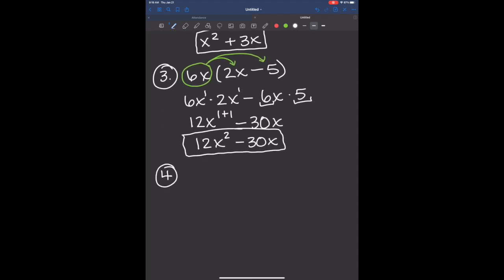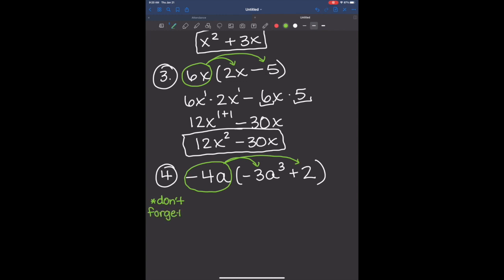Now we have negative 4a, so we're distributing a negative 4a to the negative 3a cubed plus 2. So the negative 4 goes to both. That's the big thing. So we circle the whole thing, and we're going to multiply it. So negative 4 times negative 3 is going to give us that positive 12a, and we're going to add the exponents.